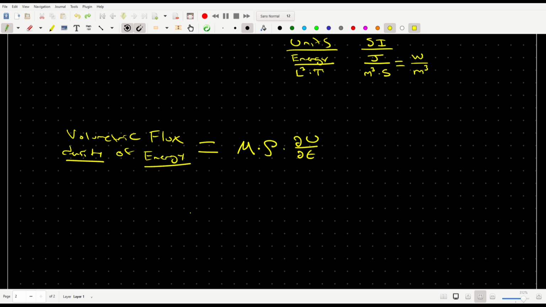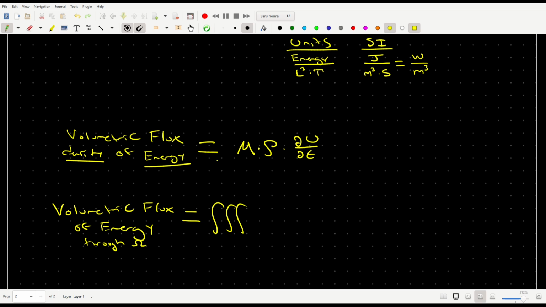So the volumetric flux of energy through the volume omega is going to be the triple integral of this density function over the domain omega.